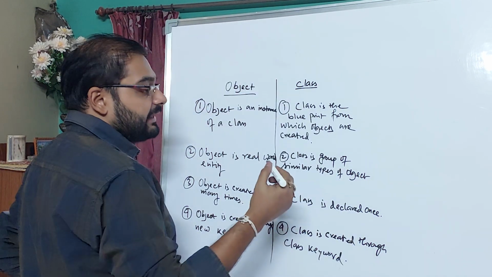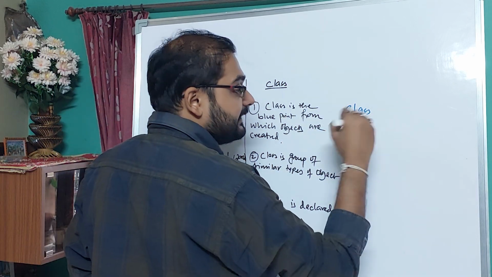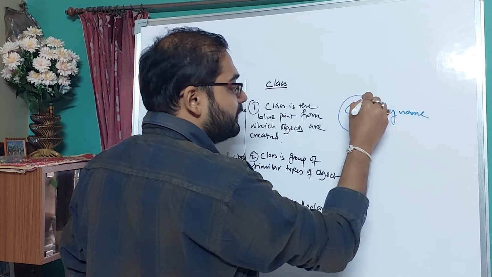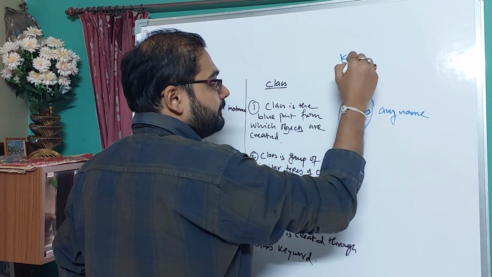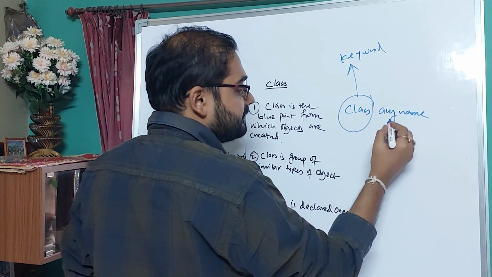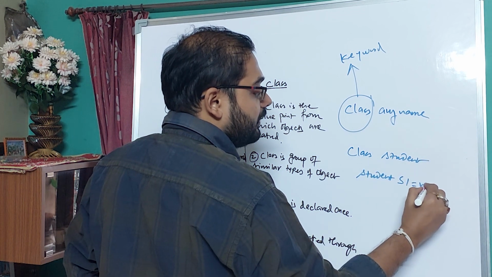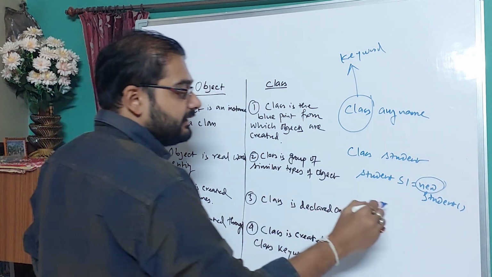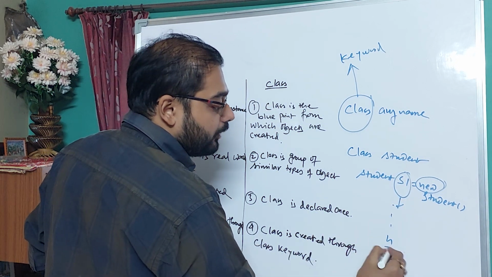The example is that the class, we can declare with any name. Which keyword do we use to declare a class? The keyword is the class keyword, and from the class we can create an object. So class student, s1 is equal to new student. With the new keyword we can create the object. The object name is s1.